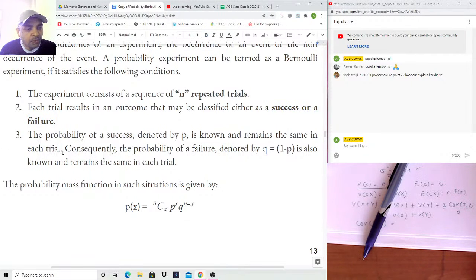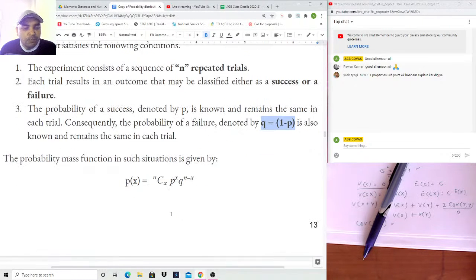The probability of success is denoted by P, and it remains the same in each trial. For every trial, that probability should remain the same. Consequently the probability of failure, denoted by Q, is equal to 1 minus P. We have already understood this from our probability chapter. It is also known and remains the same in each trial.